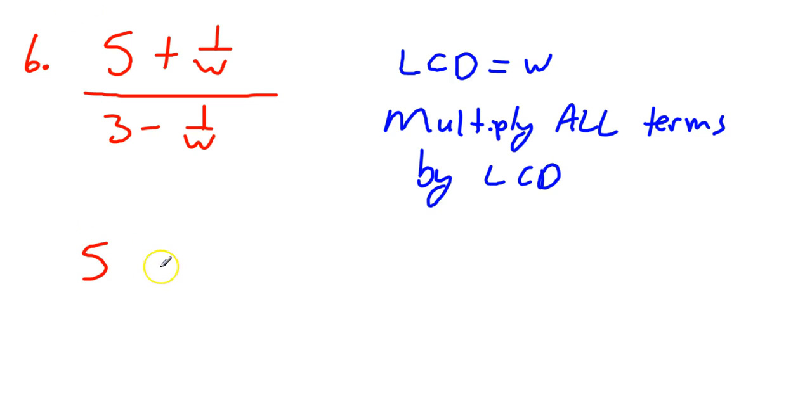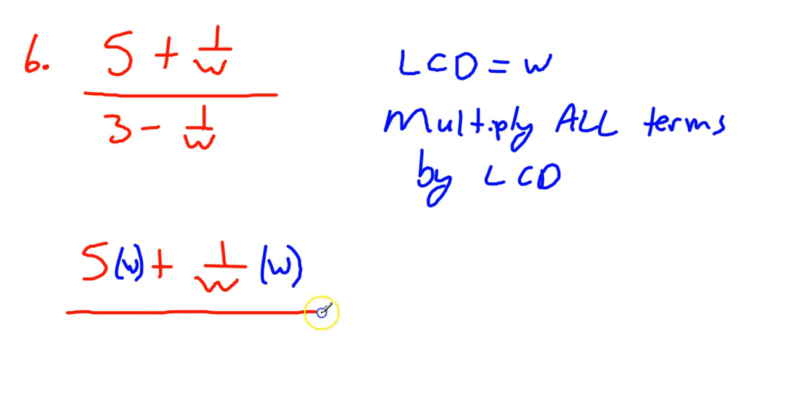So where we've got 5 plus 1 over w, multiply this times w and this times w. And same thing on the bottom, multiply both of those terms by w. And because you have the fraction on these two back here, if you want to put that w over 1, you can do that just to keep it in the right place.